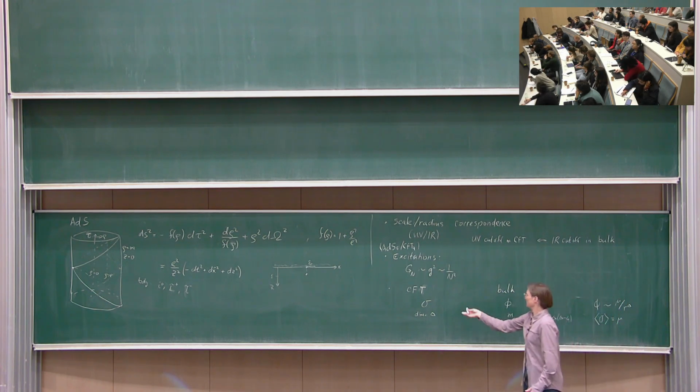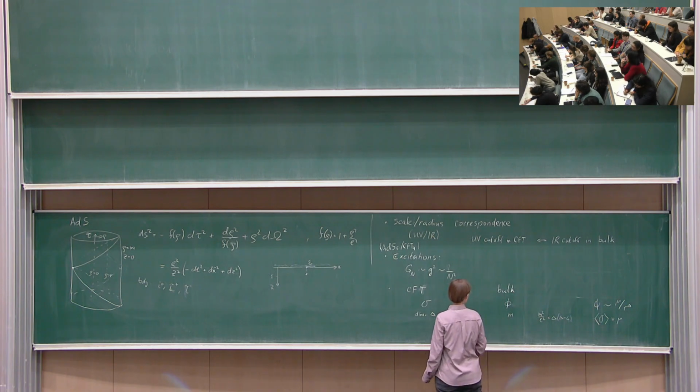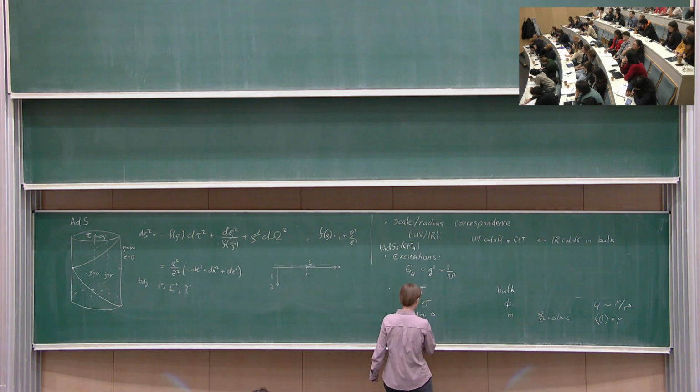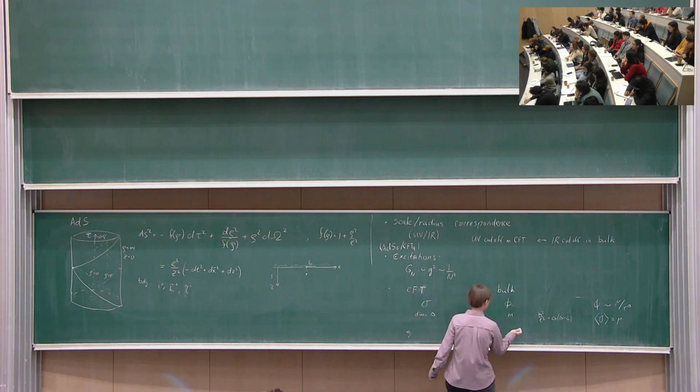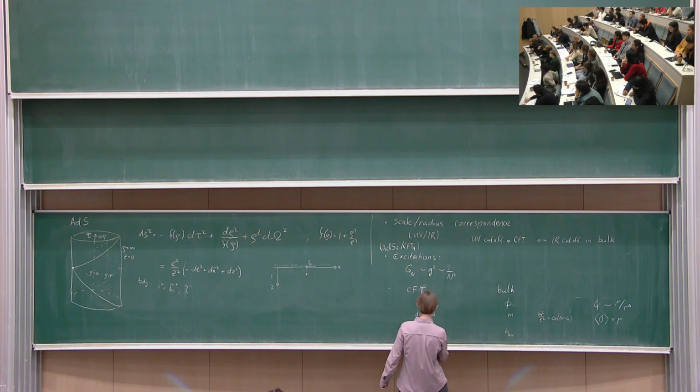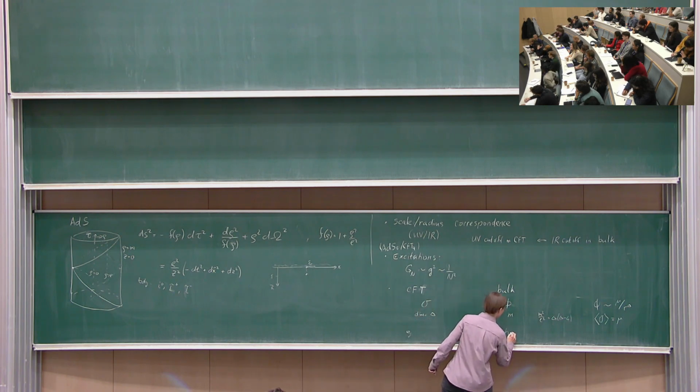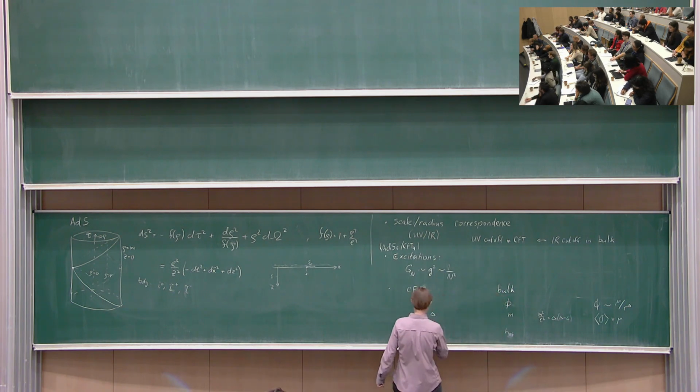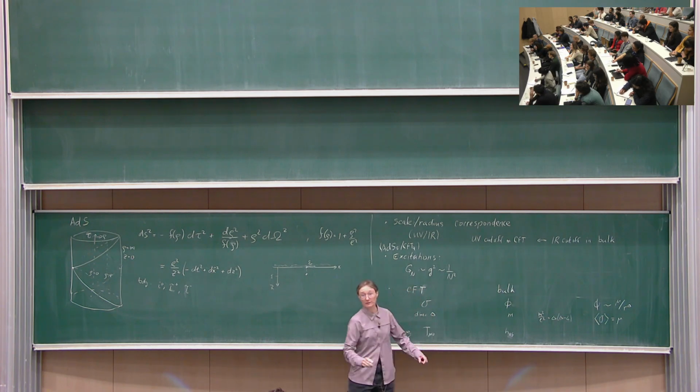And one of the important examples is when you're exciting the bulk metric, this is going to correspond to the stress tensor on the boundary.